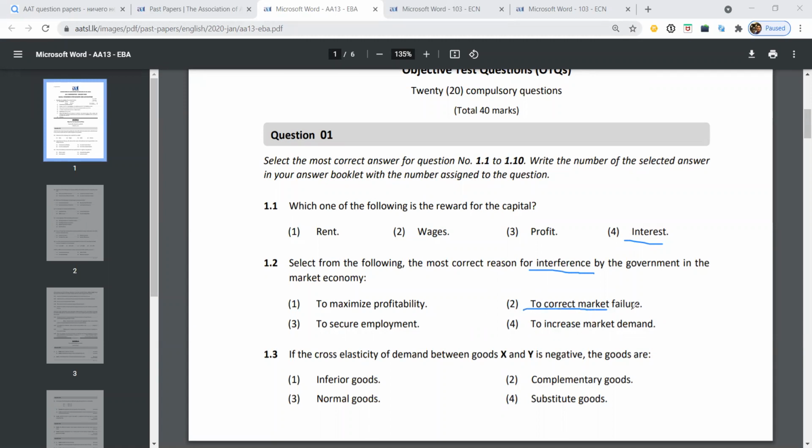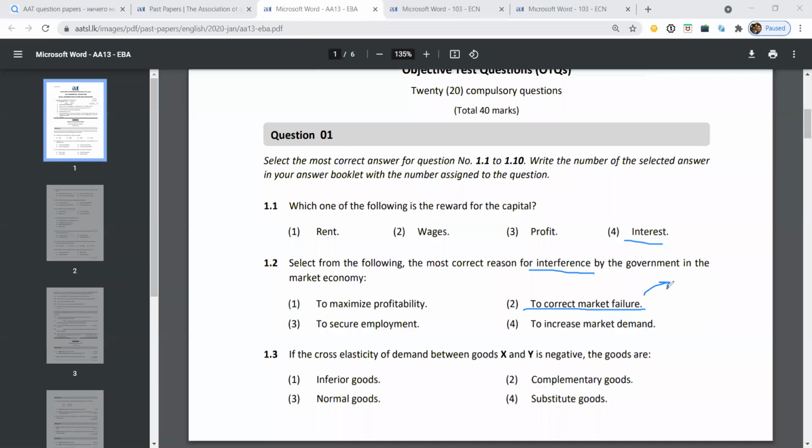Our answer is to correct market failures. Whenever market failure occurs, government will intervene. Then we understood a number of failures: lack of public goods, or non-provision of public goods, provision of demerit goods, under-provision of merit goods, externalities, monopoly power, price instability. Then the government should intervene in the market to correct these failures.